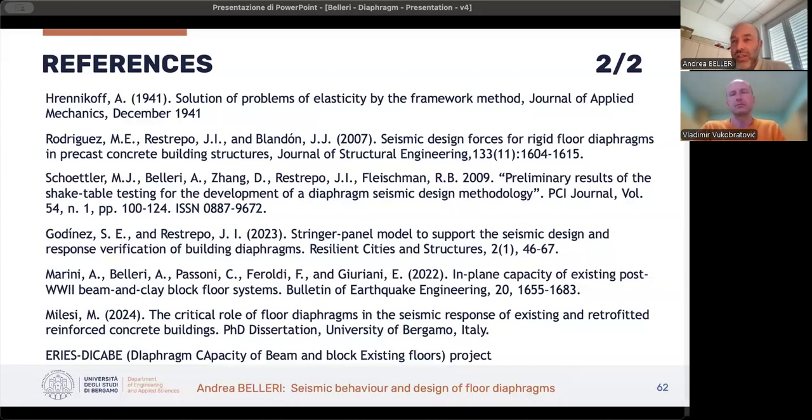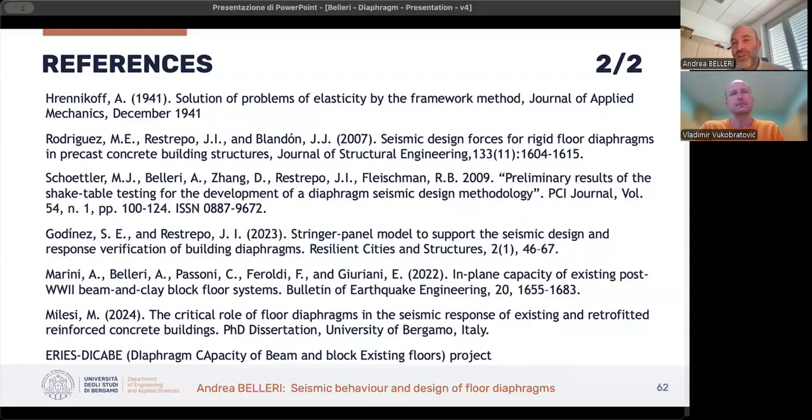So I suggest defining the loads with the approach that I mentioned before. And for the design, it depends, but it's possible to follow either strut and tie, grillage, or stringer and panel models.